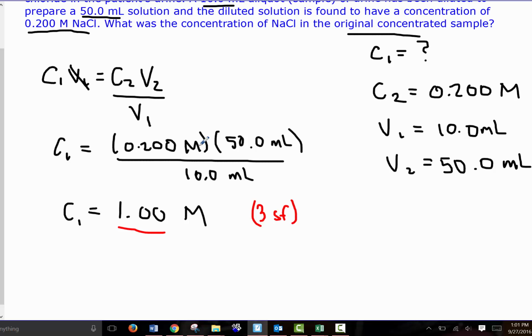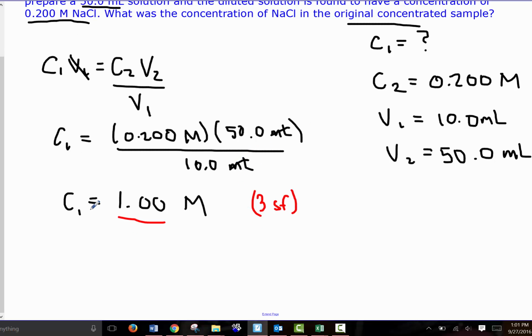Coming back for a moment to my calculation, I forgot to cancel my milliliters, and that's a good habit to make sure I'm canceling out the units that are no longer there anymore, the ones that cancel. So my answer then is that the concentration of sodium chloride is equal to 1.00 moles per liter in the original urine sample.